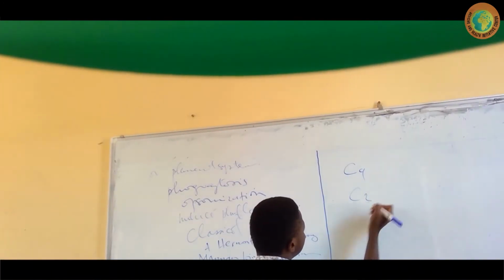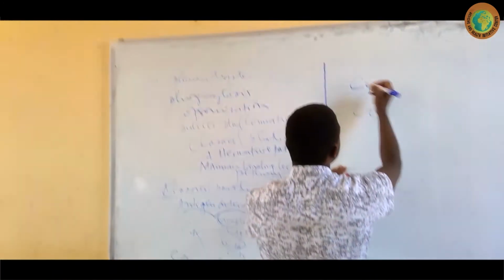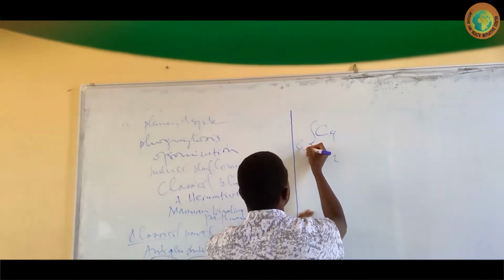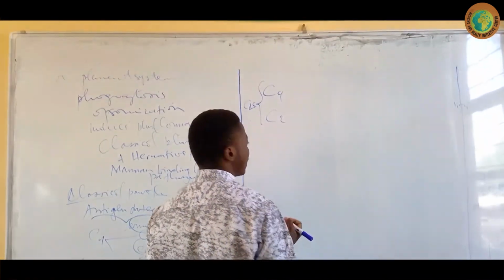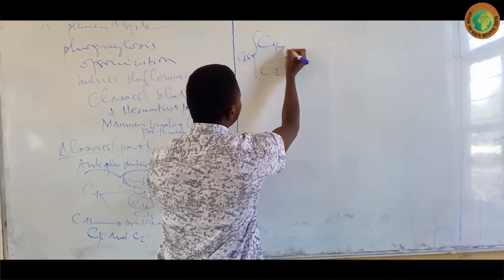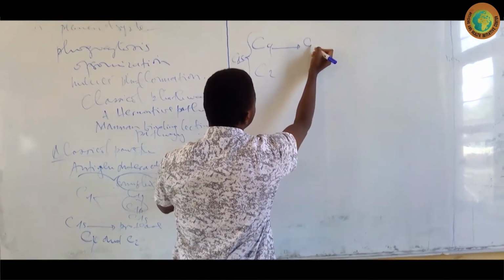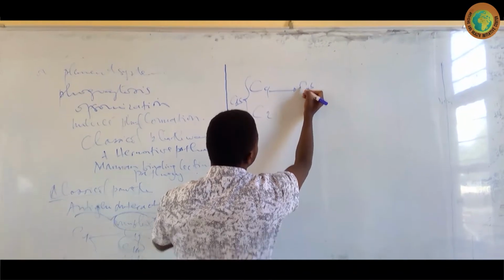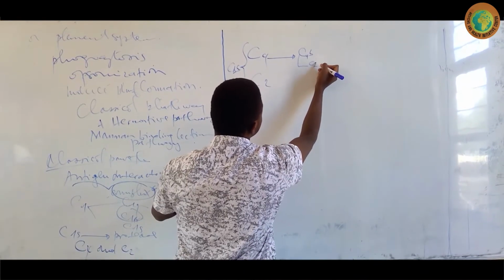C4 and C2 will be cleaved by C1 as they have been activated. C4 will be cleaved into C4b and C4a.